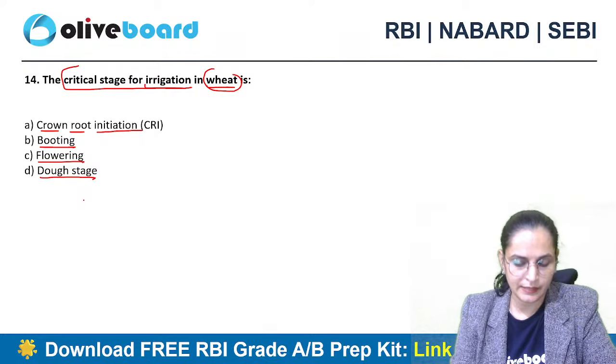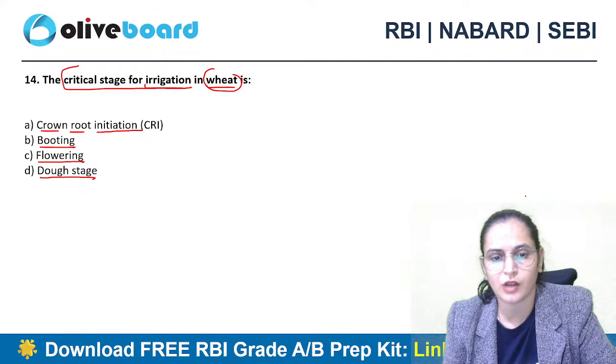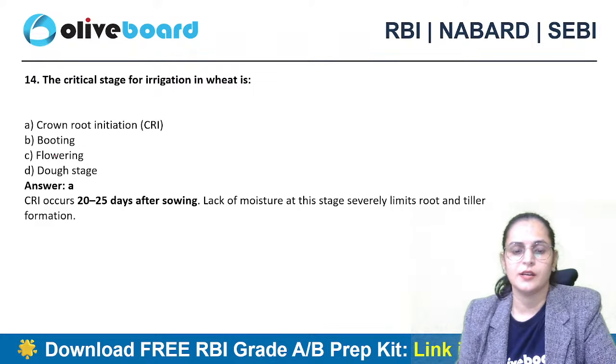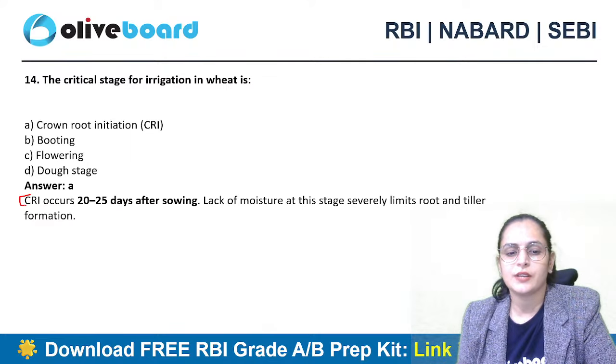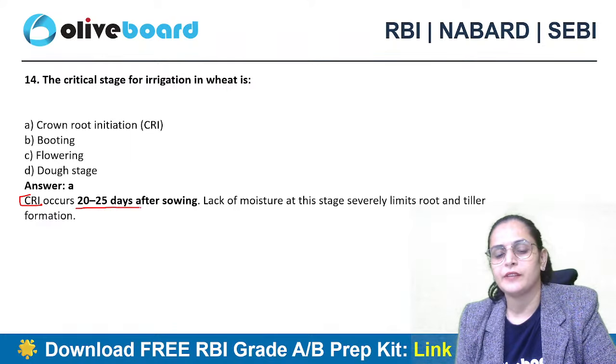When you say this is a critical stage for irrigation, it is the crown root initiation stage. That stage occurs 20 to 25 days after sowing of the seed. Lack of moisture at this stage severely limits root and tiller formation.